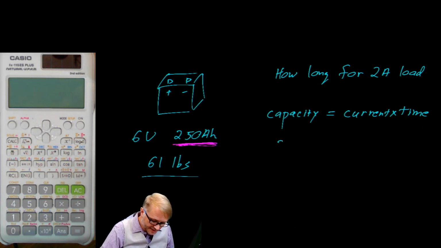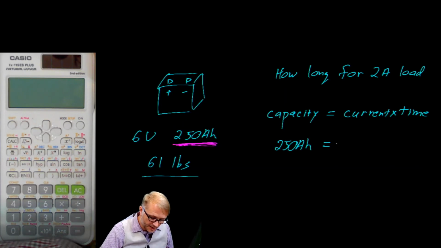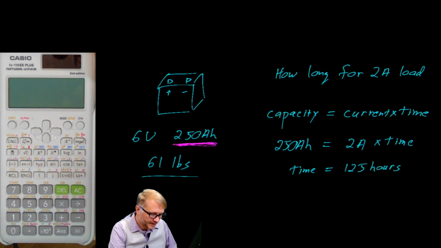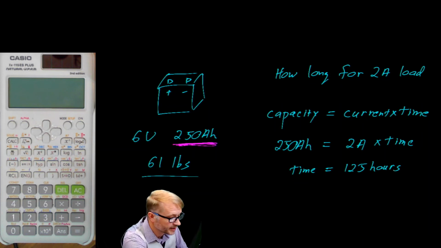So if our capacity is 250 amp hours and our current is 2 amps, we can find time as about 125 hours. Again, that's similar to problem number 30 on your homework.